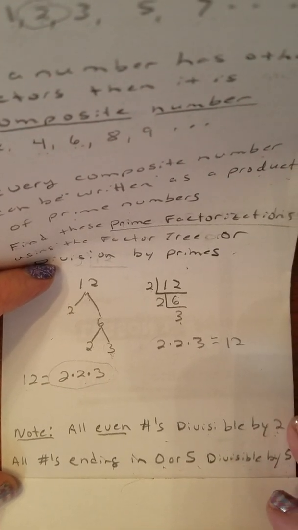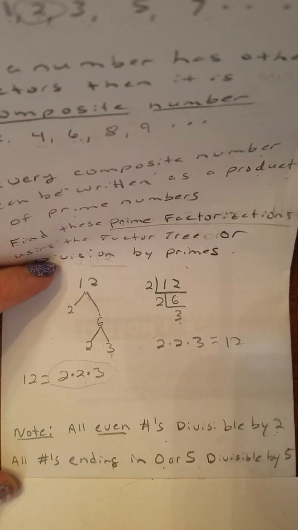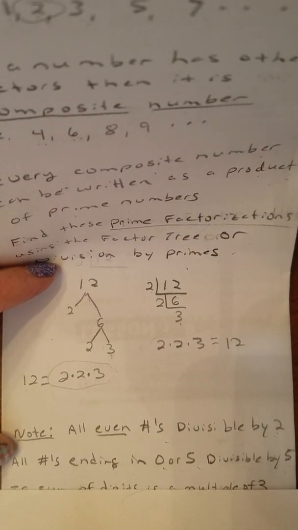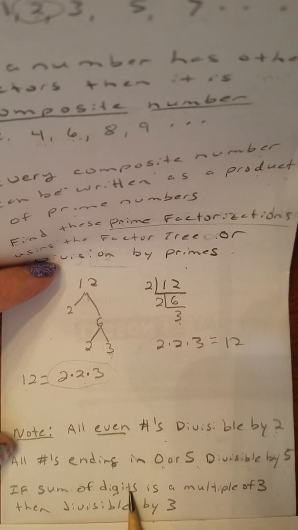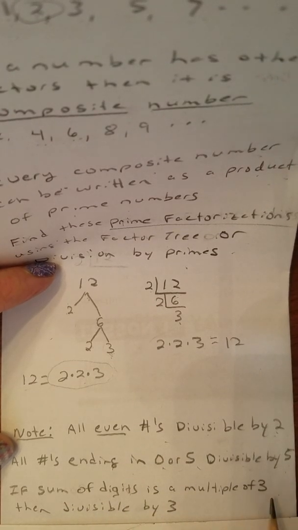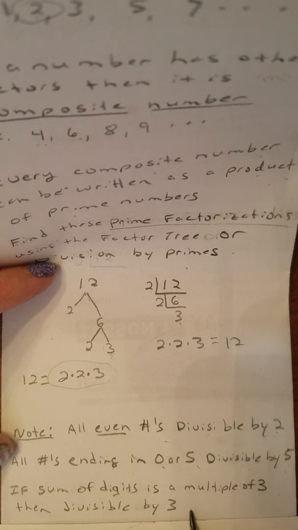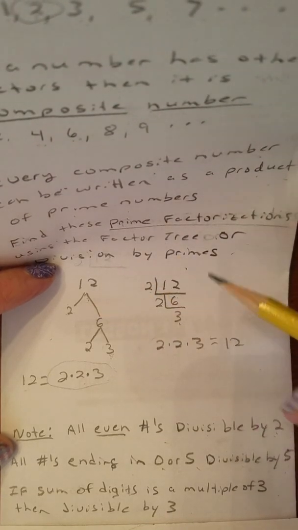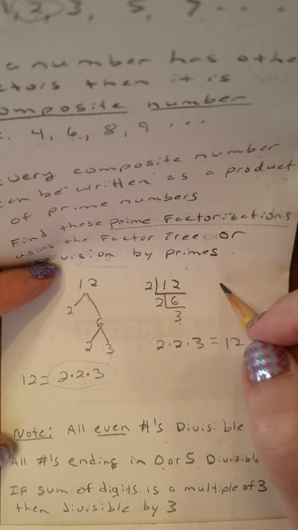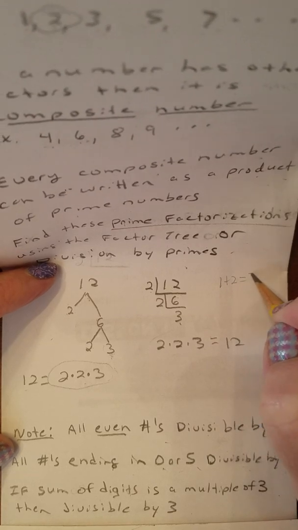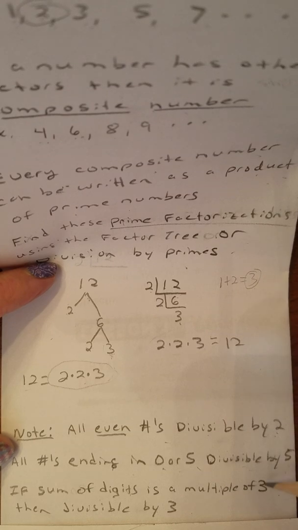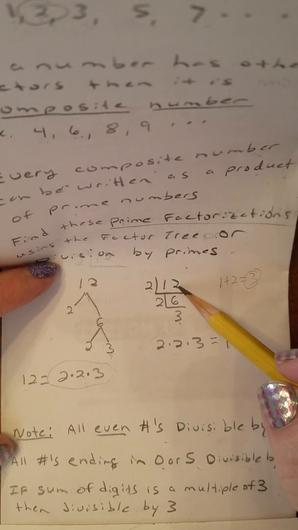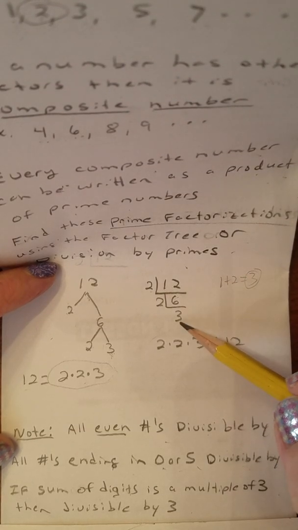And the other thing, they tell you that if the sum of the digits is a multiple of 3, then it's divisible by 3. Well, let's look at it. We have 12, so 1 plus 2 is 3 because the digits are 1 and 2. 3 is a multiple of 3, so that should tell you that this also is divisible by 3, which we do. We have a factor of 3.